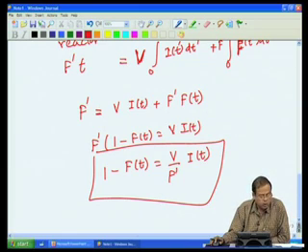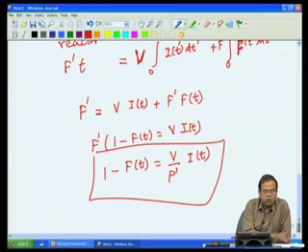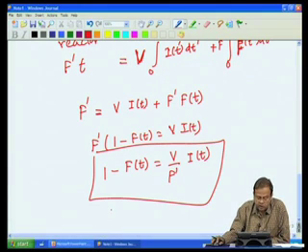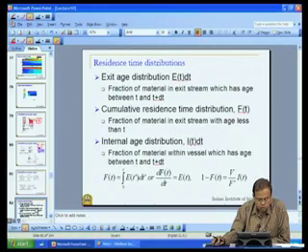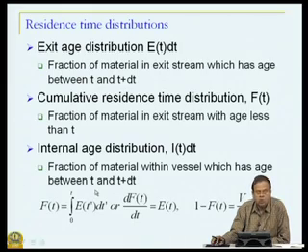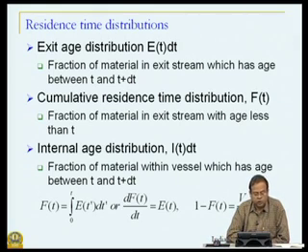Okay. So, now let us look at some of the definitions, some of the properties and so on. So, going back to our material or distributions that we have already seen, we say that exit age distribution E of t dt is nothing but the fraction of the material in the exit stream which has age between t and t plus dt.